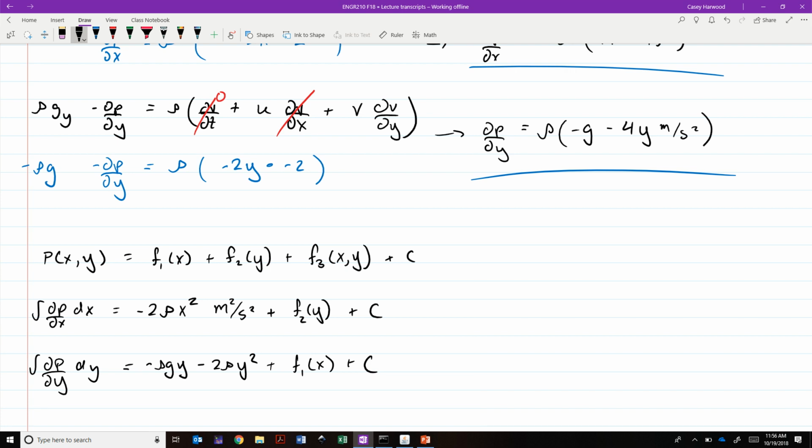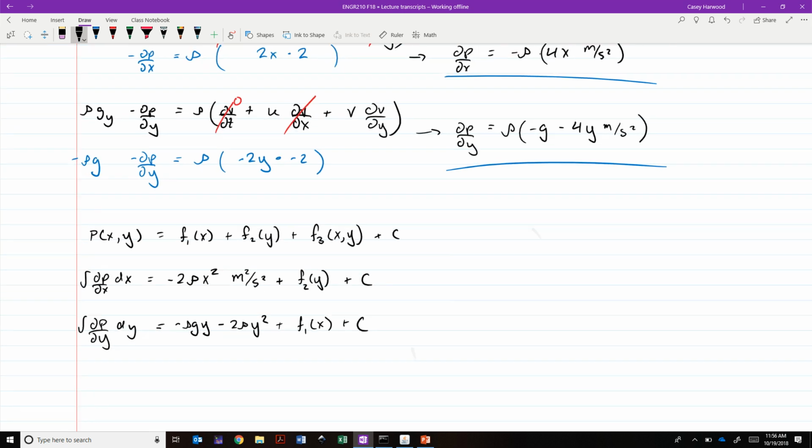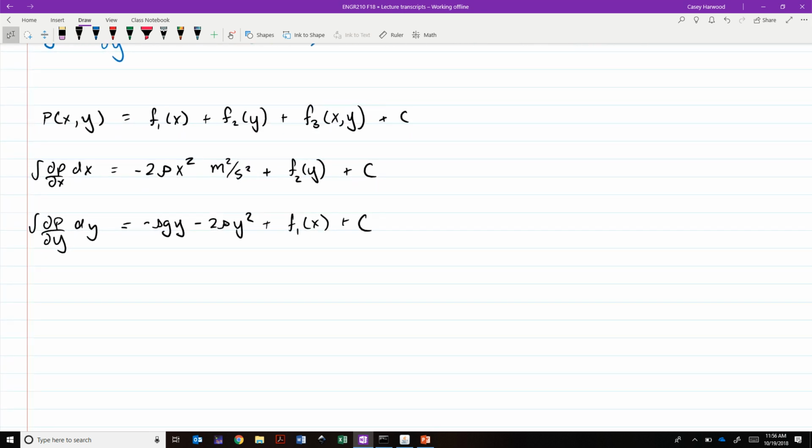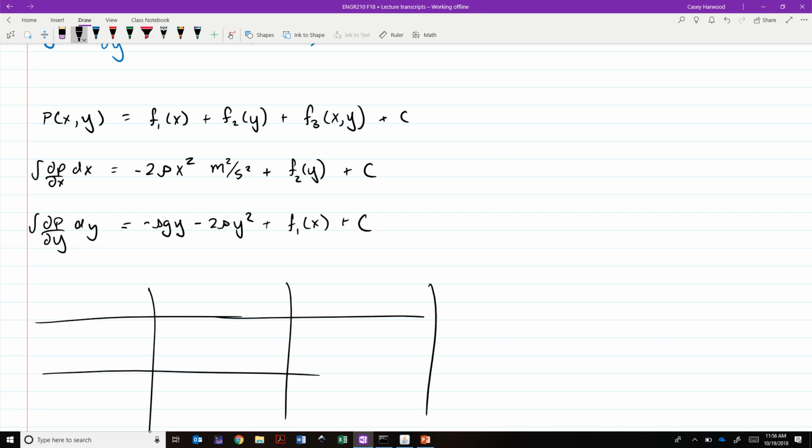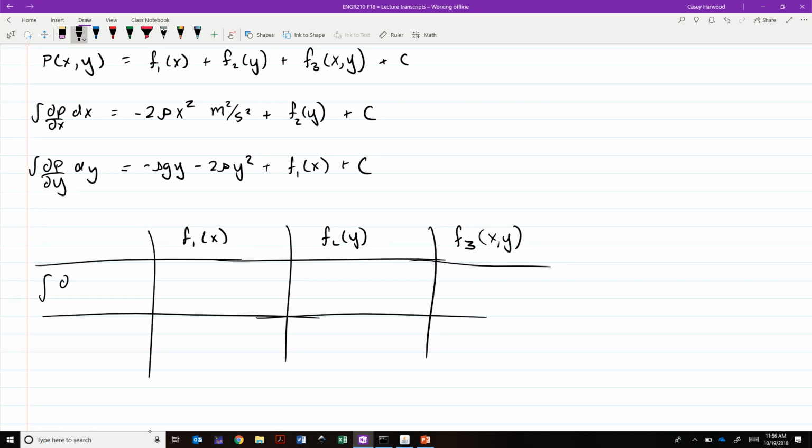All right, so then to make sure that we're capturing all of the functions that go into p, I would write out a little table here that's got f1 of x, f2 of y, f3 combined x and y, and then we've got our dp/dx integral and our dp/dy integral, and just fill in the boxes of the table.